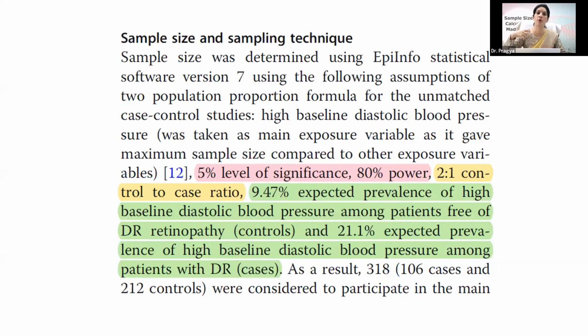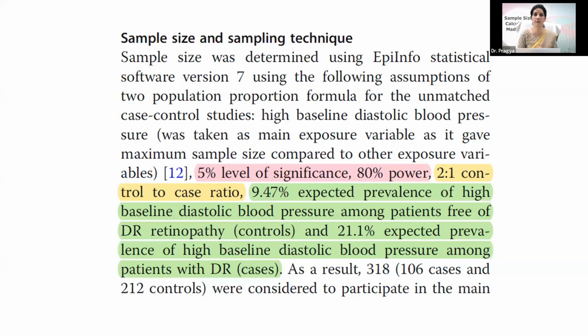So the exposure which is giving the highest sample size, you should take as the basis for calculation of sample size. In this case, since the diastolic blood pressure was giving the highest sample size, or you can see the lowest odds ratio, because the lower the odds ratio, the higher the sample size, the odds ratio he has taken.